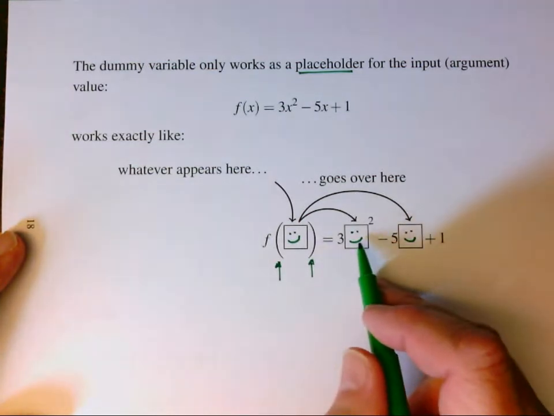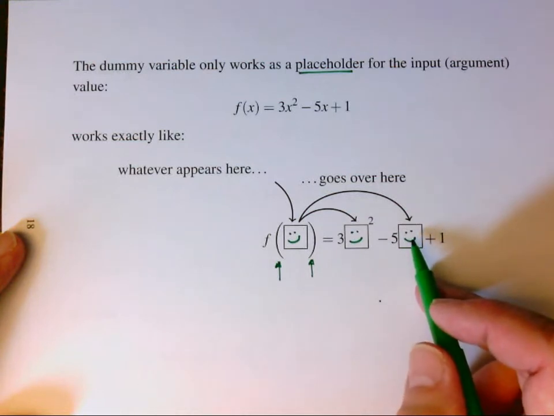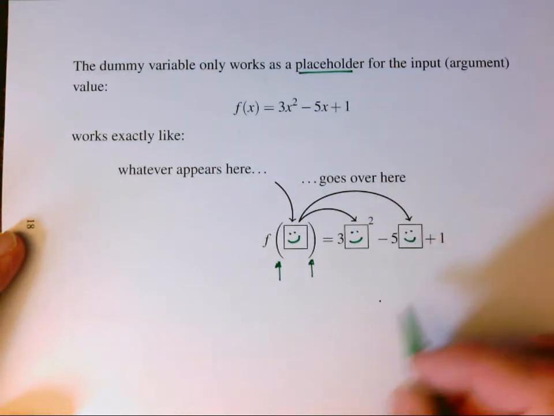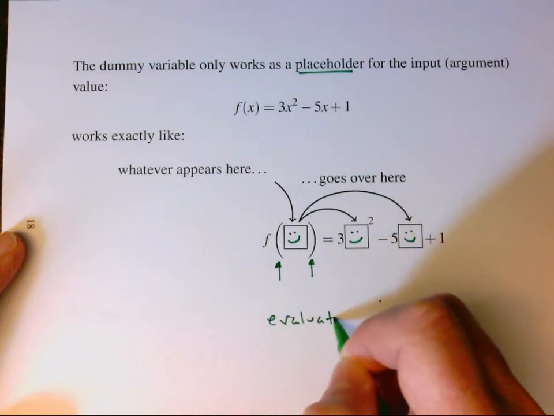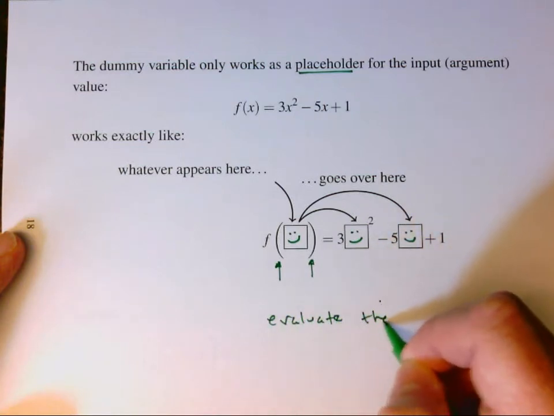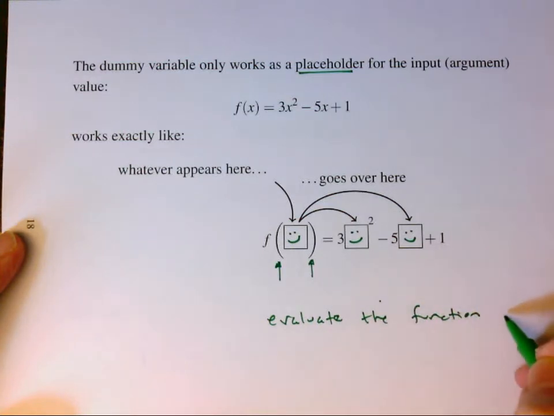Whatever's here goes into each copy of the variable over here. And that's called evaluating a function. So when you do this, you evaluate the function. That's an important keyword.